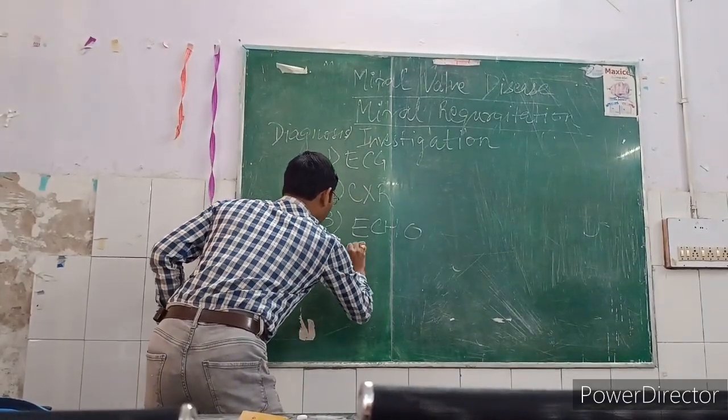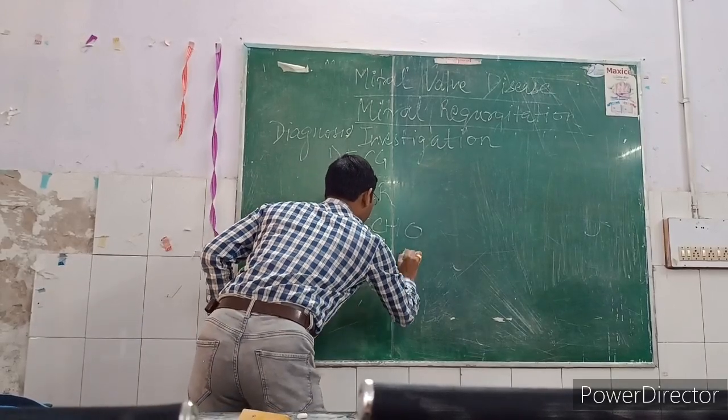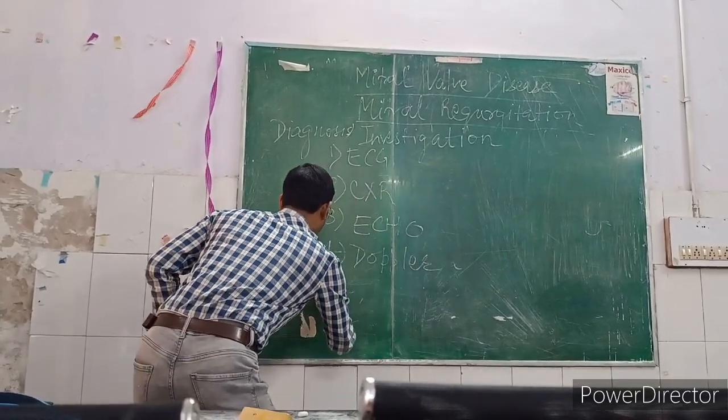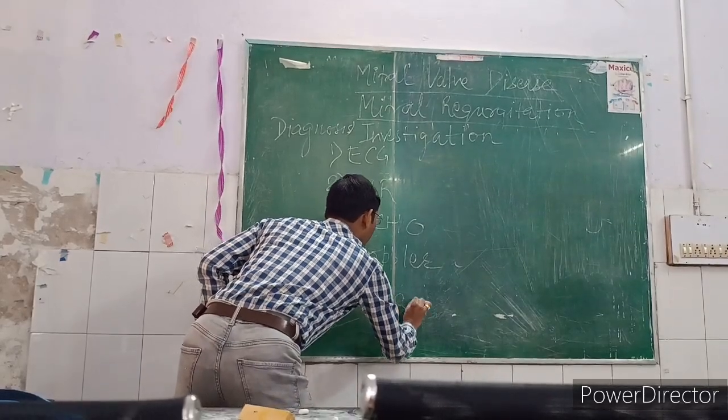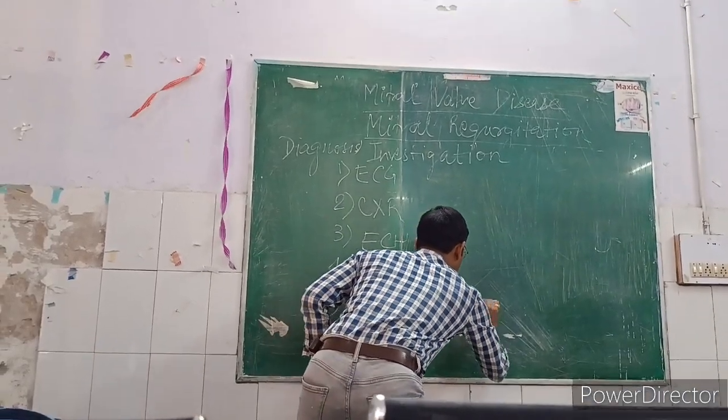Number four is Doppler. Number five is cardiac catheterization.